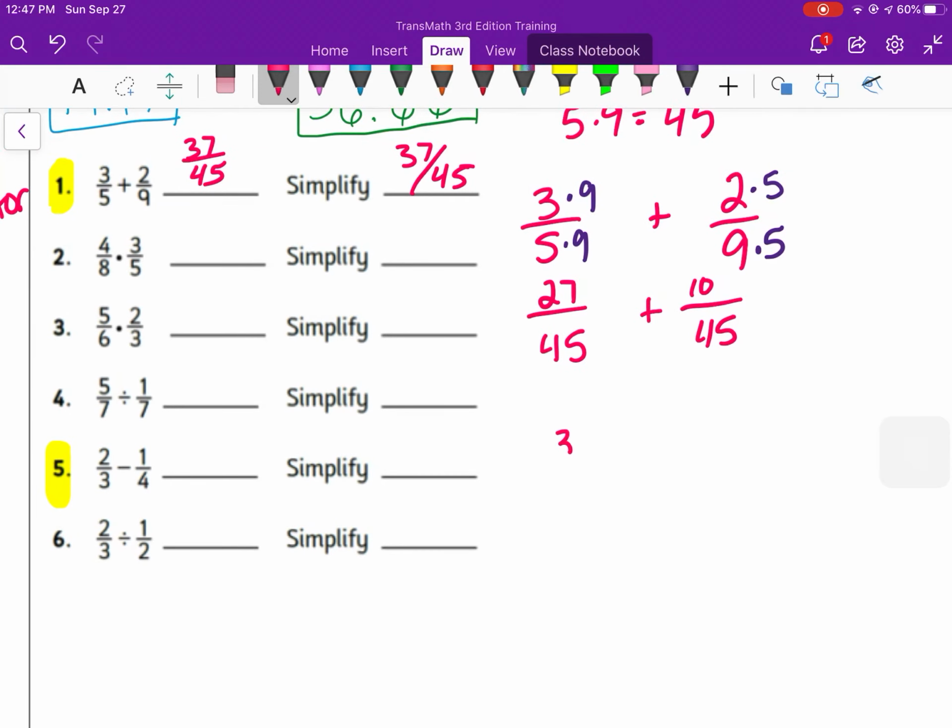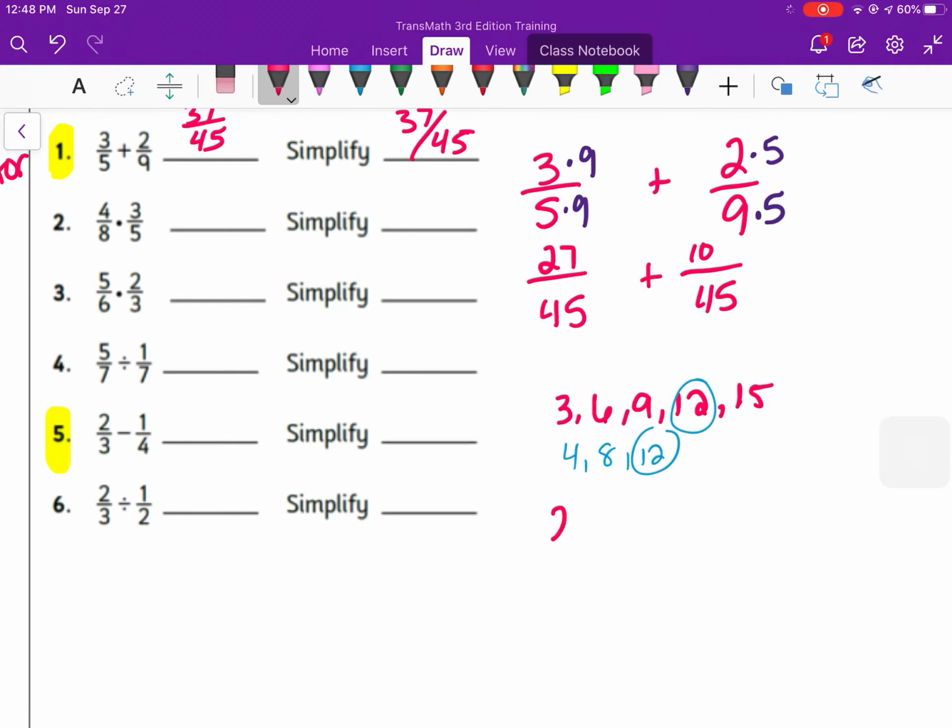So 2/3 minus 1/4. If you count by threes, 3, 6, 9, 12, 15, the first number you come to that's divisible by 4 is 12, because 4, 8, 12, they both have 12 in common. And 3 times 4 is 12, so we know we can use it as a common denominator.